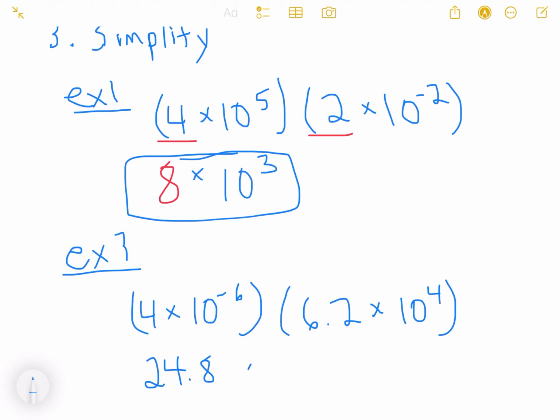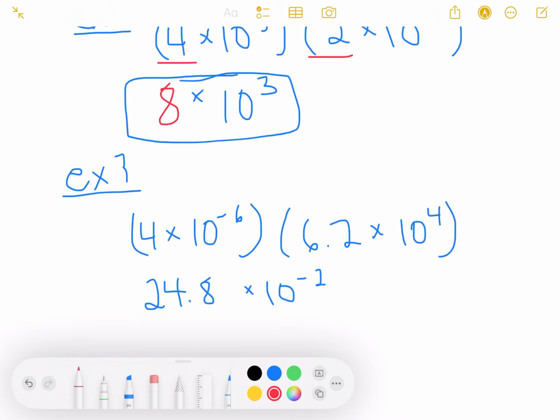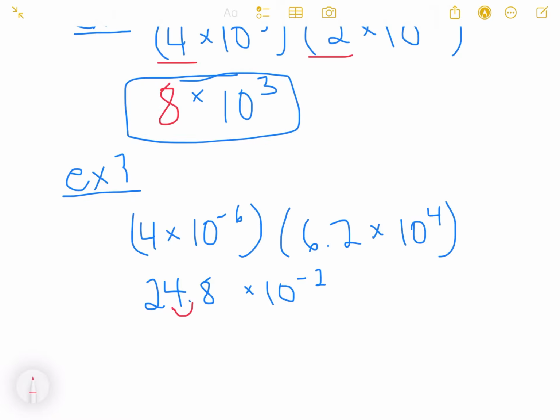And then my times 10 to the power of, what is minus 6 plus 4? If I owe you $6, I give you $4, I still owe you 2, so it's minus 2. And then, to be fully simplified, scientific notation says I should move my decimal point over here, so that means I'll have 2.48, and I'm moving left, just like in my example above.